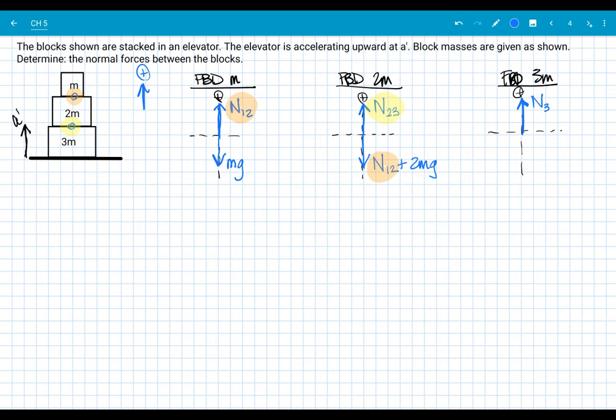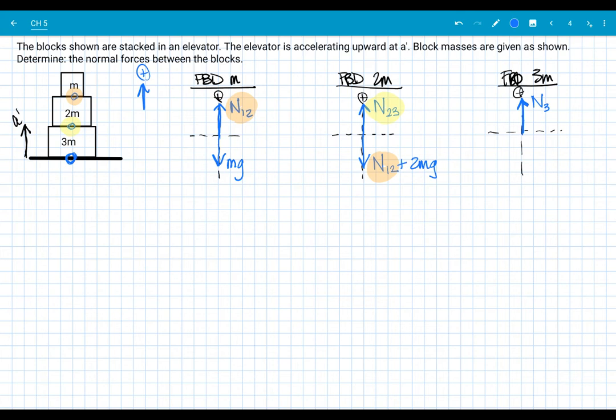And then I ask myself, what else is touching the block? So this N3 is the normal force that is exerted on the bottom of the 3M block, but there's also a normal force exerted on the top of the 3M block because it's in contact with the 2M block.